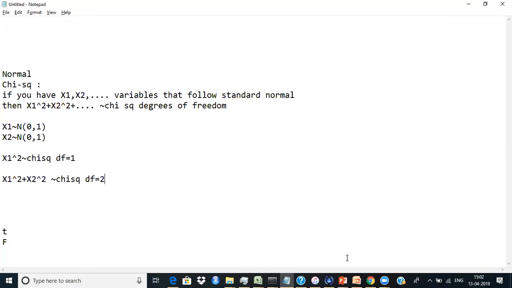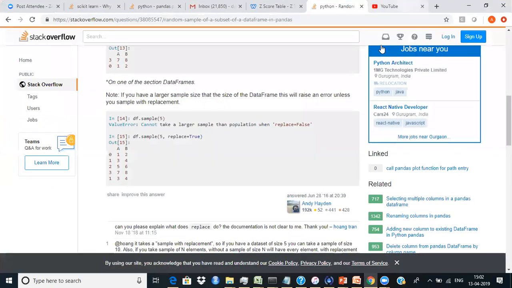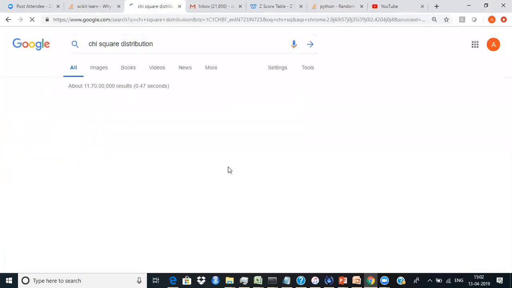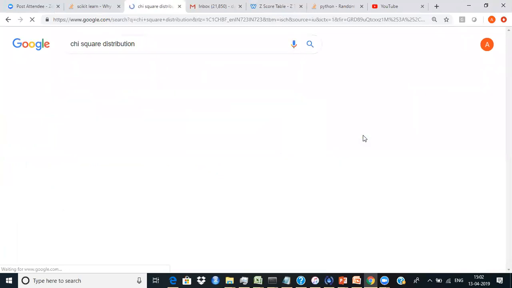Now, if you want to know the shape of the distribution, there is no defined shape for these distributions. Depending upon what the degree of freedom is, these distributions take different shapes.